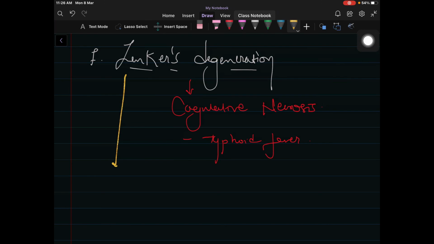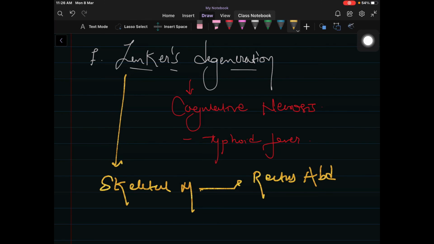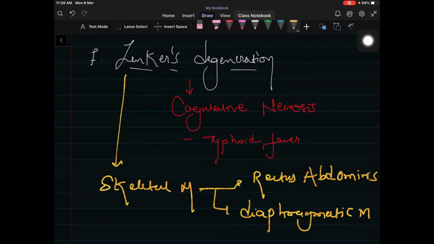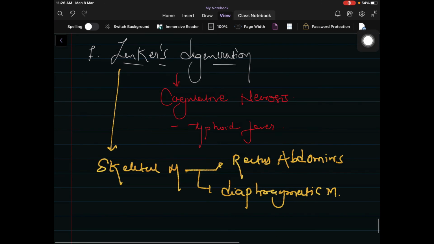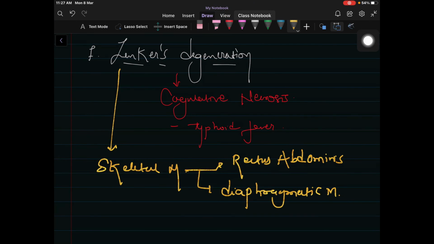Remember, it affects the skeletal muscle, specific to the rectus abdominis or the diaphragmatic muscle. So remember, Zenker's degeneration is particularly related with the skeletal muscle, specific to the rectus abdominis and the diaphragmatic muscle.